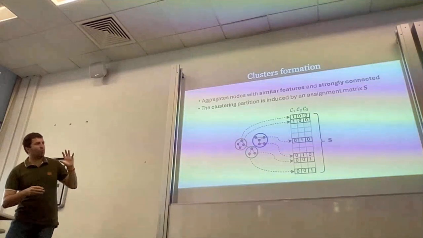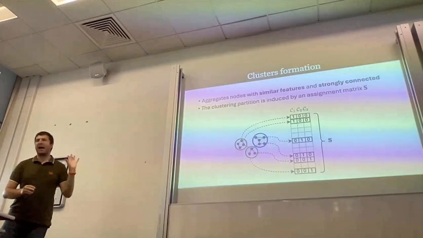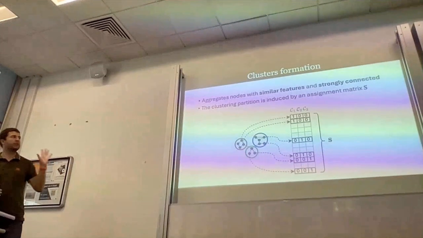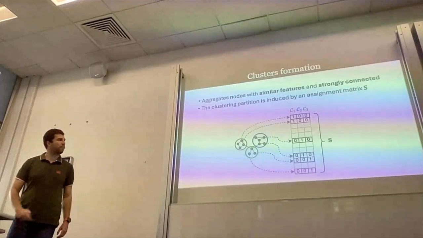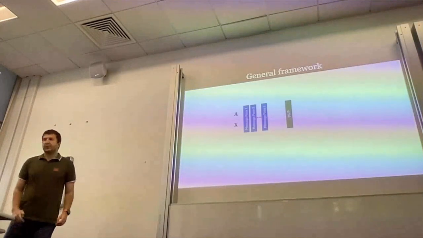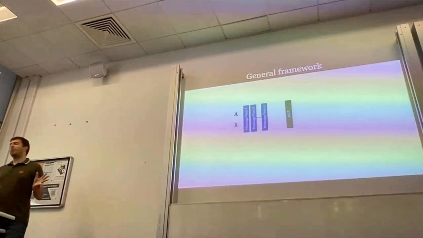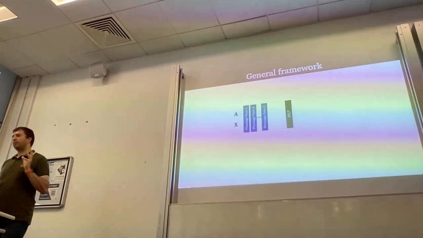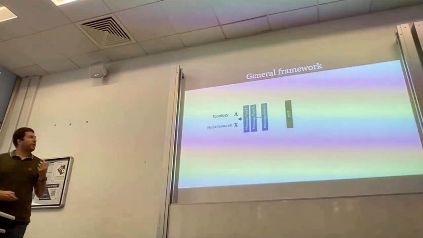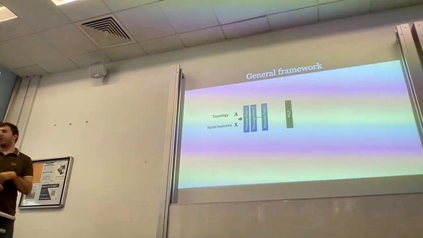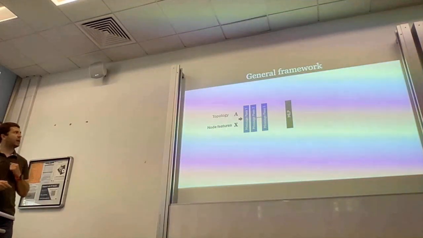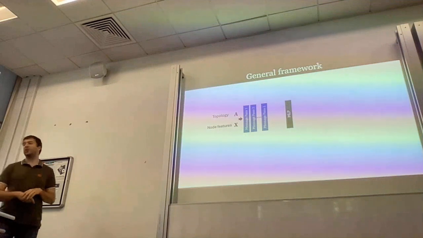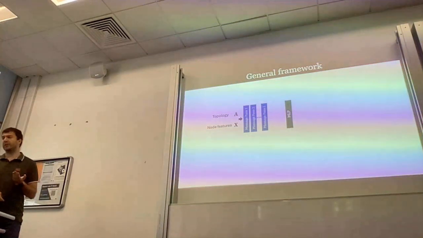In general, when we learn things, we don't have a hard situation like this, but we have some soft clustering. I will show you in a second. So this is the general framework for cluster-based pooling operators. First, we have our GNN, and we give as input to the GNN our topology, represented by an adjacency matrix, and our node features.